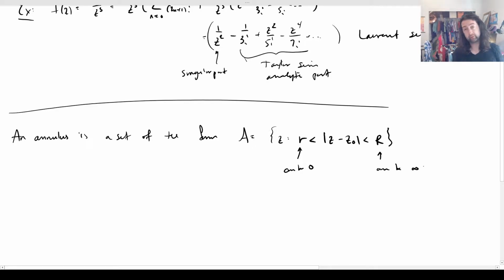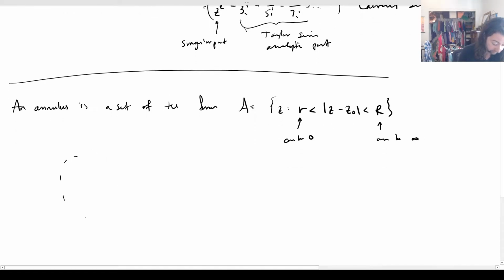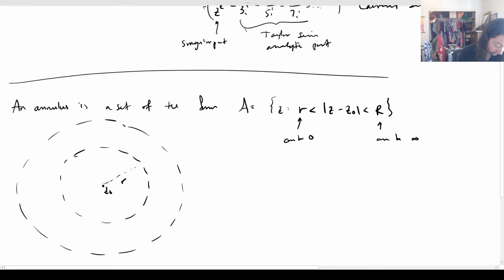But an annulus generally you should think of as a set that has a hole in the middle of it. So the general picture that we draw for an annulus looks like this. There's some center z naught. We have this distance, maybe the inner radius little r, and this distance, maybe the outer radius big R, and then the annulus is precisely the piece of that set that's between. So like a ring.